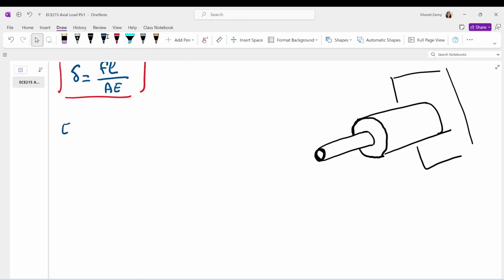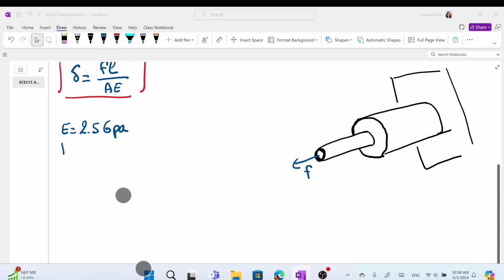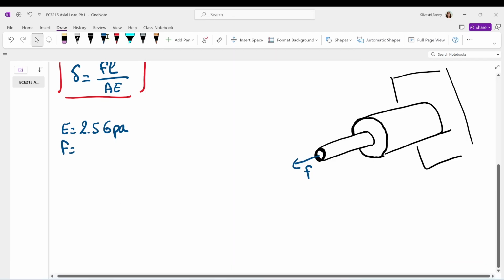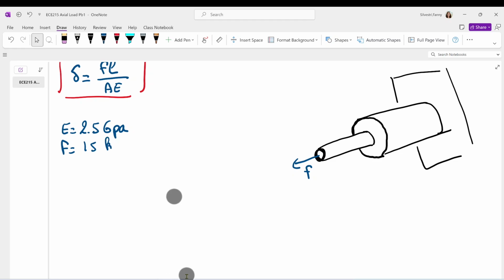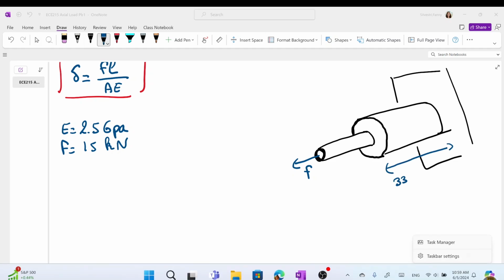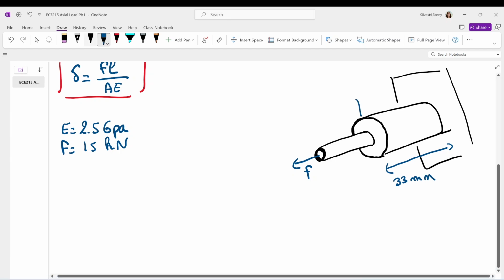We know that the material has E equal to, let's say, 2.5 gigapascal. This is nylon. We know the force that is applied, equal to 15 kilonewton. We apply a lot of force on that rod. Let's see if it's deformed or not. We have the dimensions of all the different parts. This length is 33 millimeters.